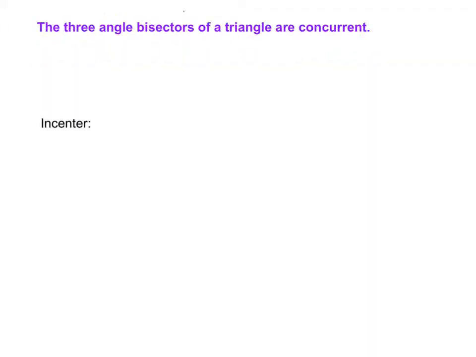So now we're going to move on to some conjectures about concurrency and triangles. This one says the three angle bisectors of a triangle are concurrent. And so the point of concurrency that they create is called the incenter.